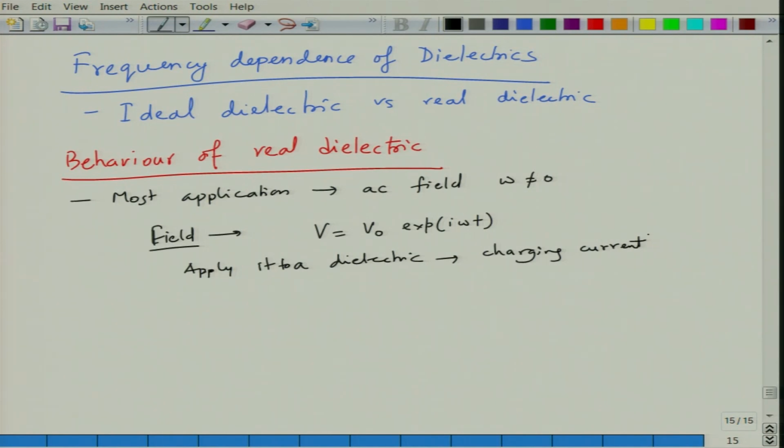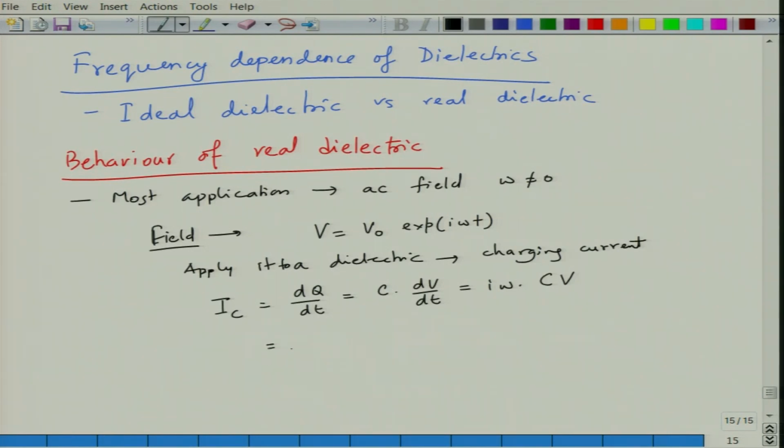and this charging current is basically the rate of change of charge, dq by dt. So, this I C is nothing but dq divided by dt, and we know that q can be written as C into V, so dV by dt. This will be equal to I omega into CV, okay.